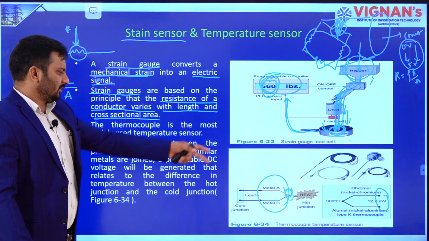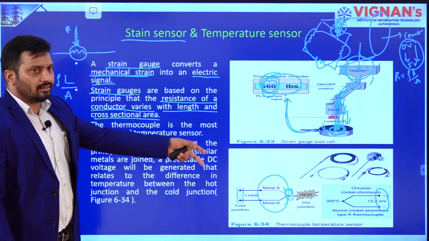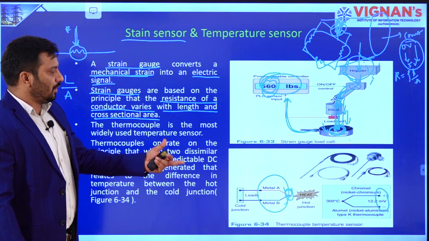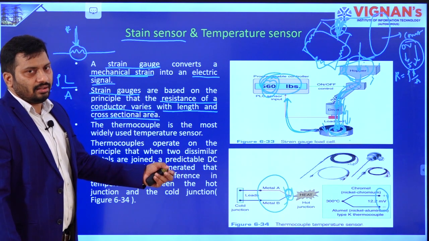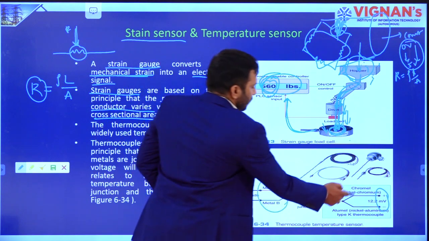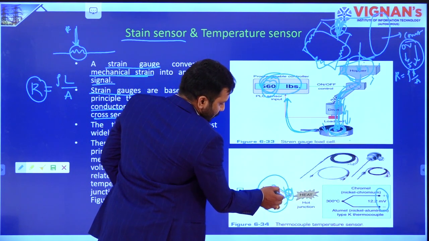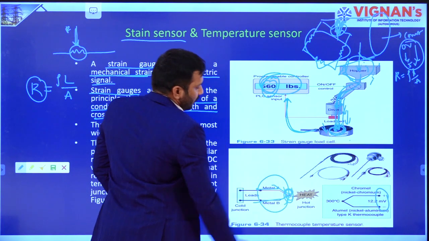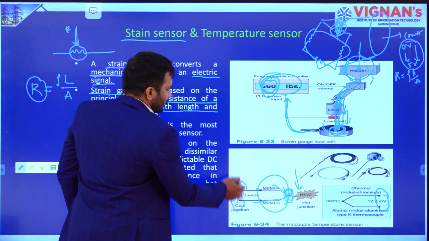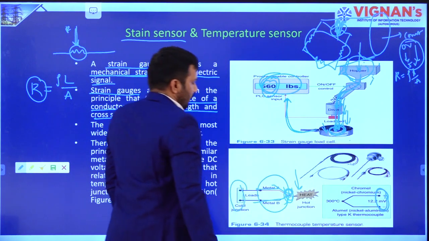Metals like nickel and chromium, or different metal combinations, can be used in thermocouples. The range of temperature measurement varies with the metals, but the concept is that two dissimilar metals are joined like this and kept at a higher temperature. Depending upon the temperature, the voltage across these two terminals varies.